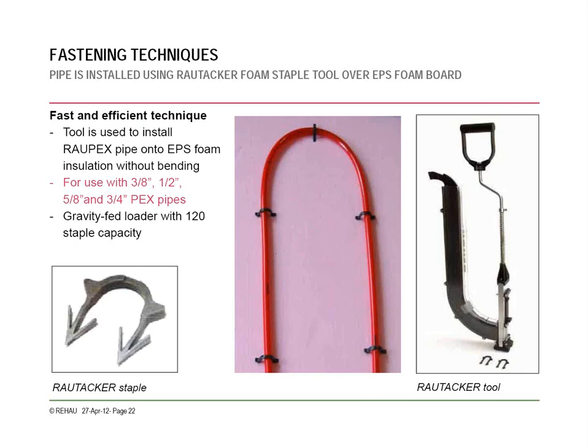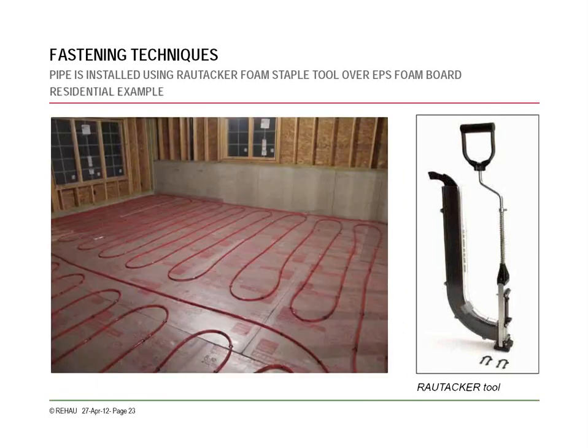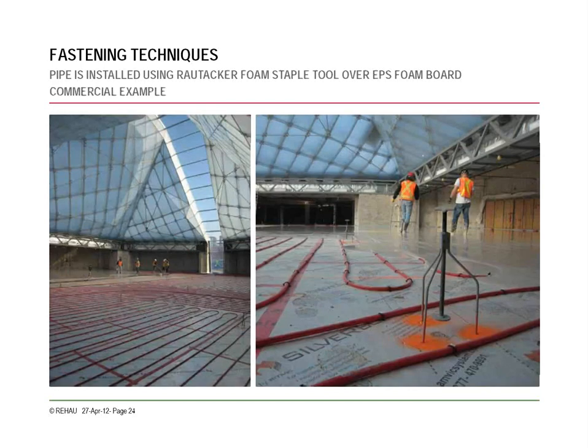This is a very easy way to do it if you have the tool, but you need the tool in order to do it. So definitely a good option if you're going to be doing a lot of radiant work. There's a nice sample install of that. This is in a larger commercial area, same deal.